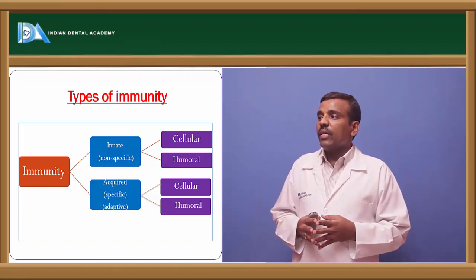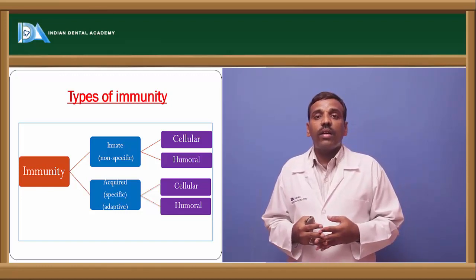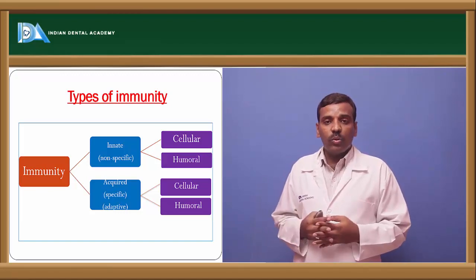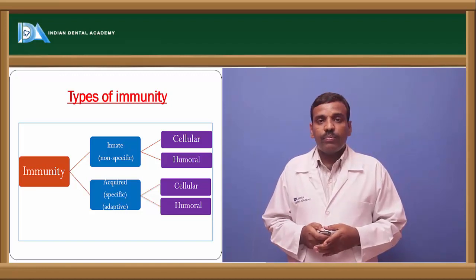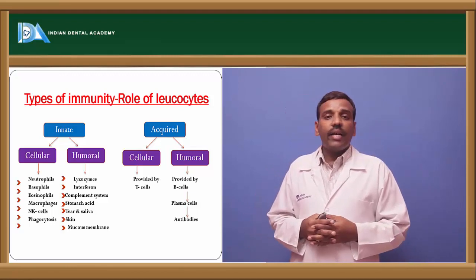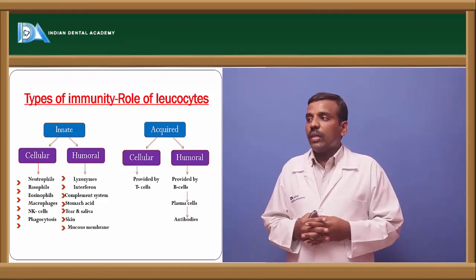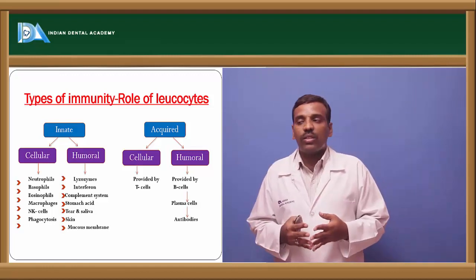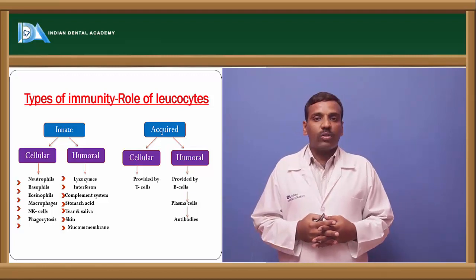Innate immunity is of two types: one is primary immunity and another one is secondary immunity. And the acquired immunity is of two types: one is cellular immunity and another one is humoral immunity. In innate, the primary cellular immunity involves neutrophils, basophils, eosinophils, macrophages, NK cells and the phagocytosis process.